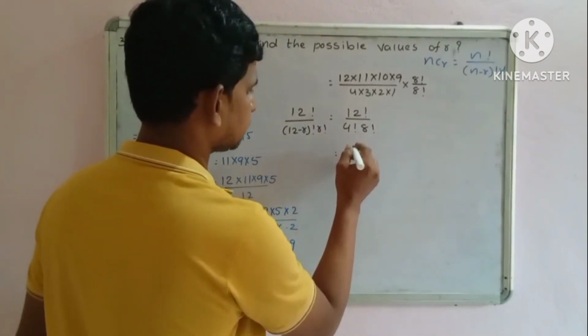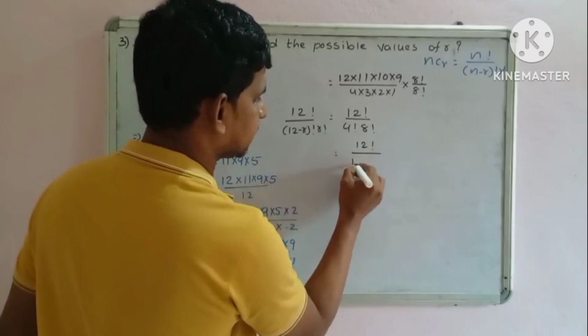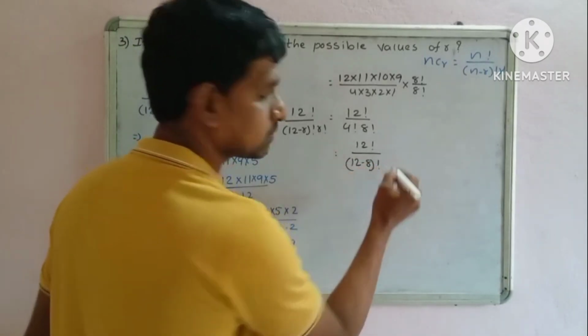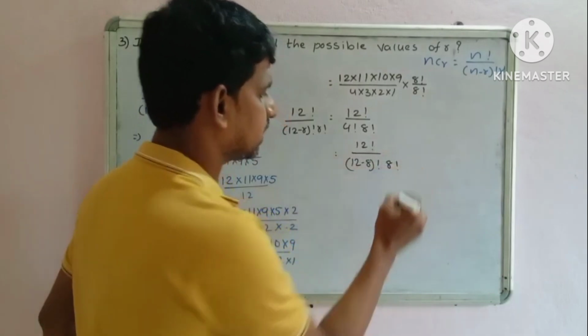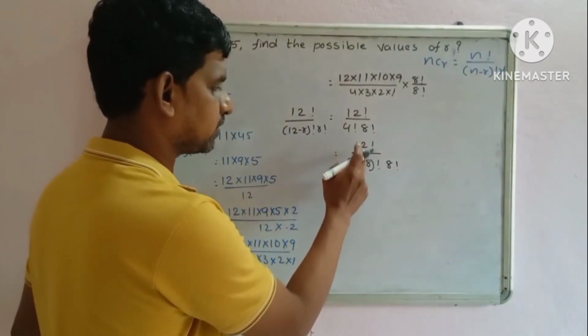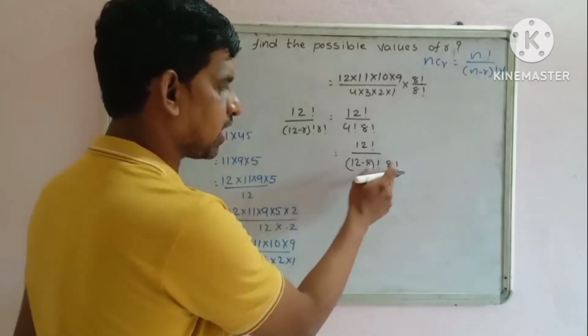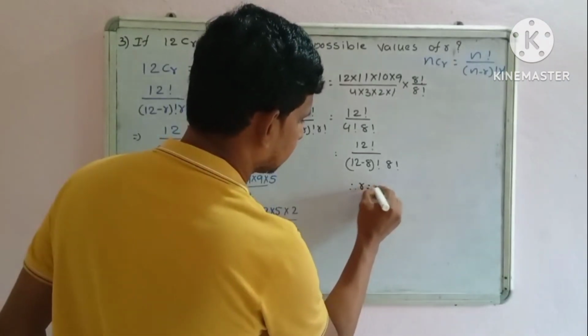Now 4 can be written as 12 minus 8, which is 4. So (12 minus 8) factorial into 8 factorial. Now compare with n factorial by (n minus r) factorial into r factorial. What is the value of r? Therefore r equals 4.